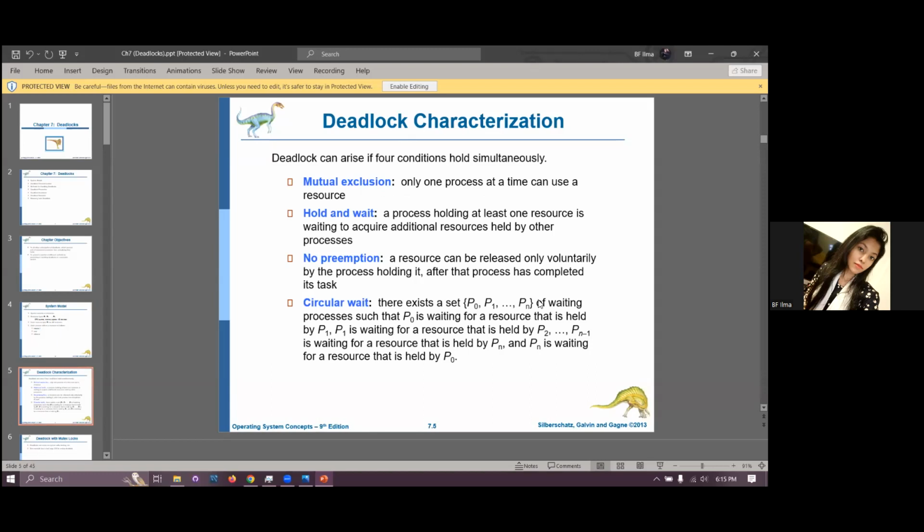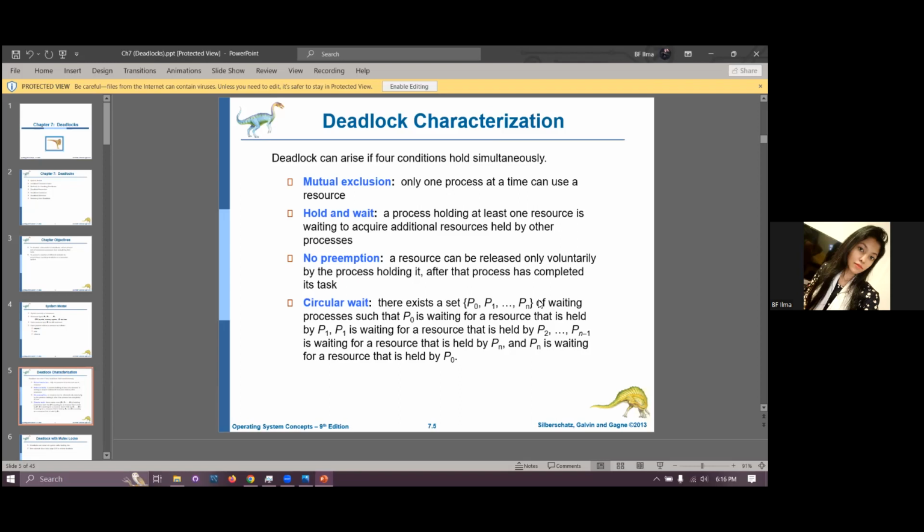There is a set of resources and a set of processes, and all of the processes need some resources, but they aren't available because some other process is holding on to them.